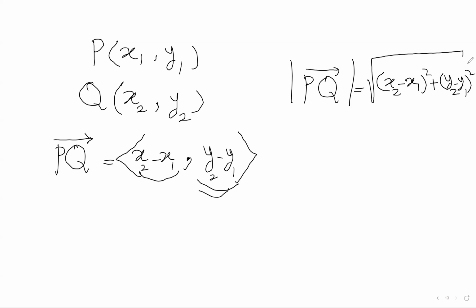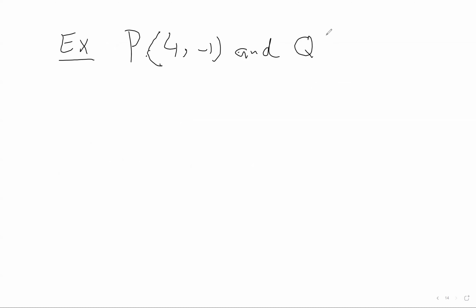So let's see an example. Suppose P is the point 4, -1, and Q is the point 3, 4.